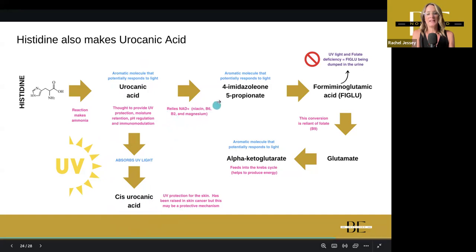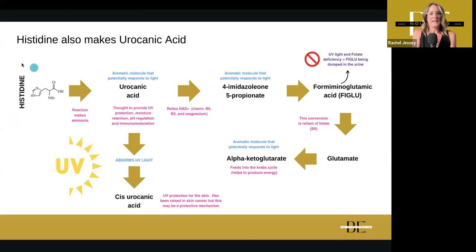Now you can see again, these conversion pathways are reliant on B vitamins and magnesium, and these components are also aromatic. So all of these components are going to be responding to UV light. So when we are UV light deficient, there is a potential that histidine will preferentially convert to histamine, further contributing to a histamine imbalance or a histamine overload.